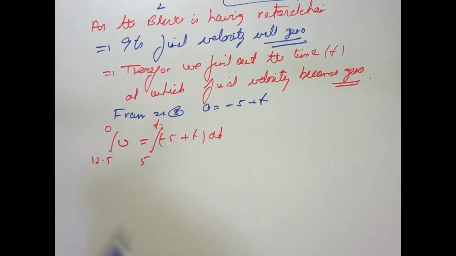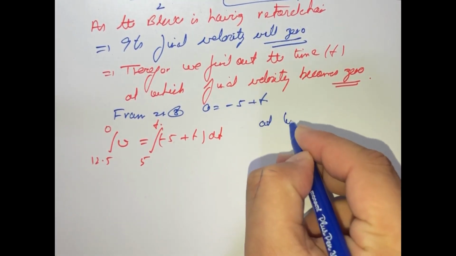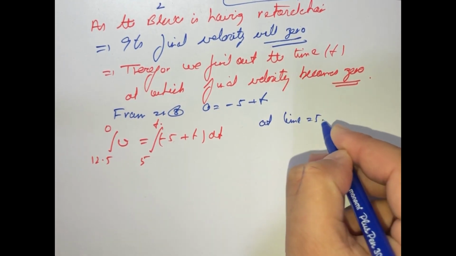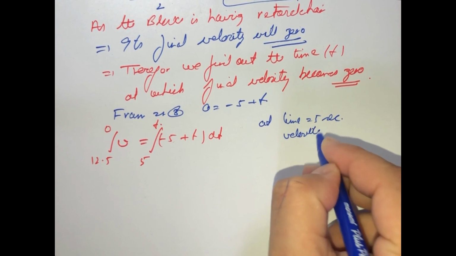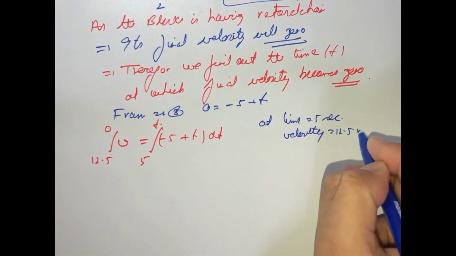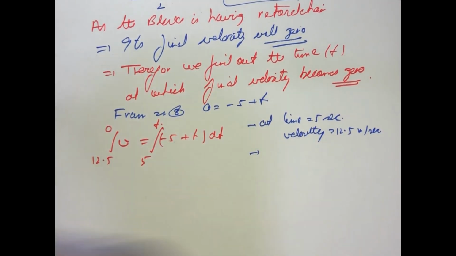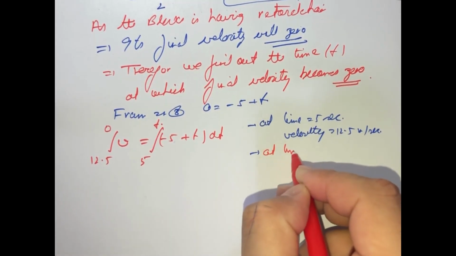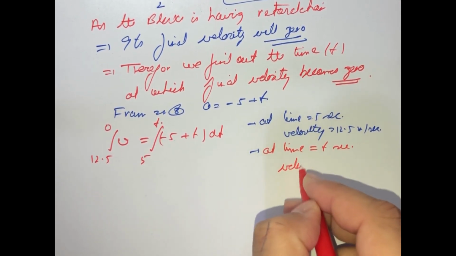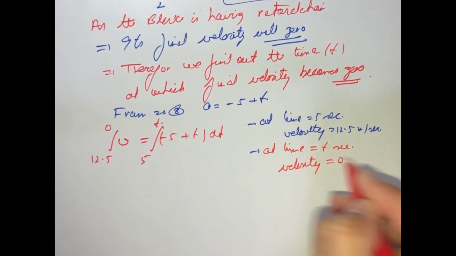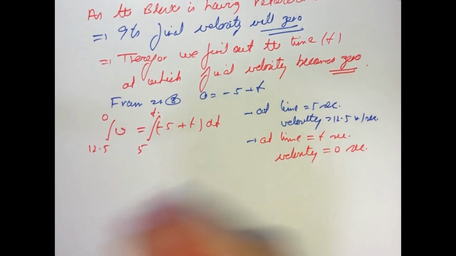Okay, from here we can clearly say that at time 5 seconds velocity is 12.5 meter per second, and at time t seconds velocity is 0.